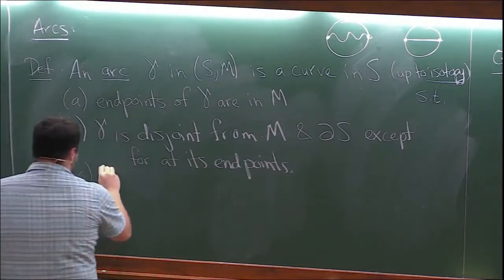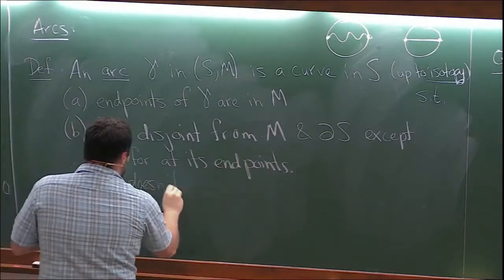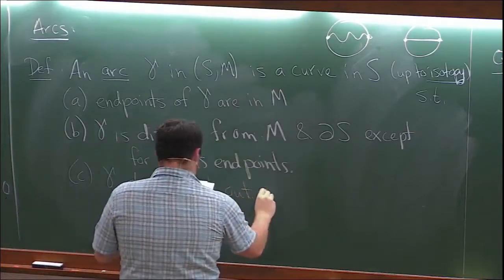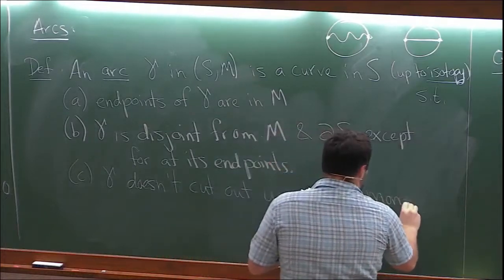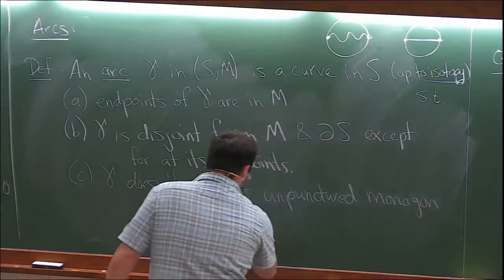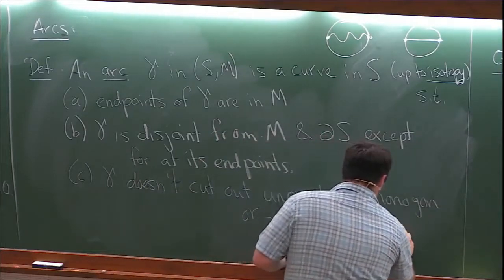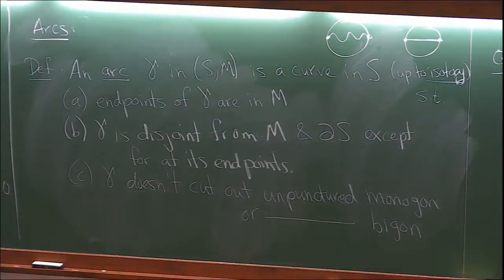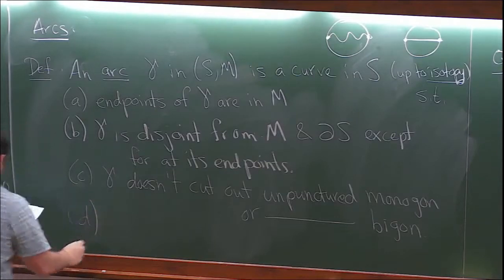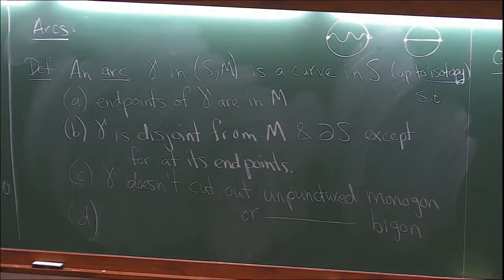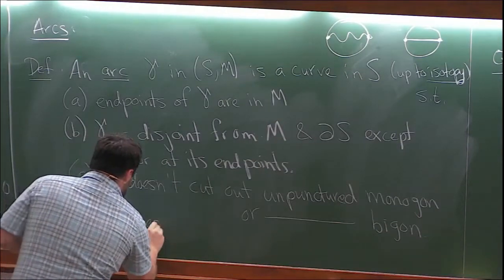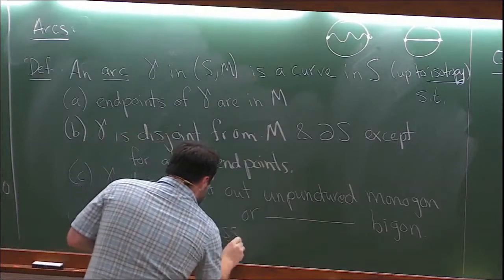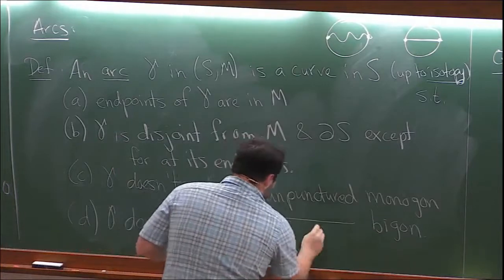And C, an arc doesn't cut out an unpunctured monogon or an unpunctured bigon. So I don't cut out these things with my arcs. And D, I don't want my arcs to cross themselves. So gamma doesn't cross itself, except possibly at the endpoints.